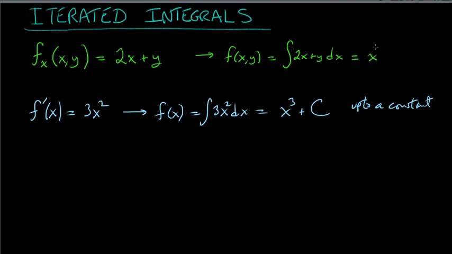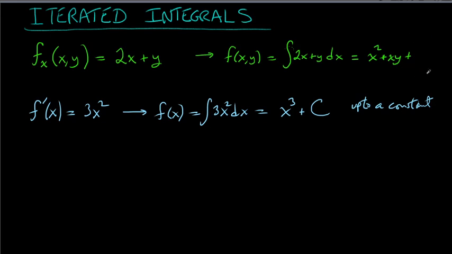And you would get x squared plus x times y. We're treating y as if it were a constant. And of course, you would expect to have plus a constant here, because if you take the partial derivative with respect to x, you get 0.